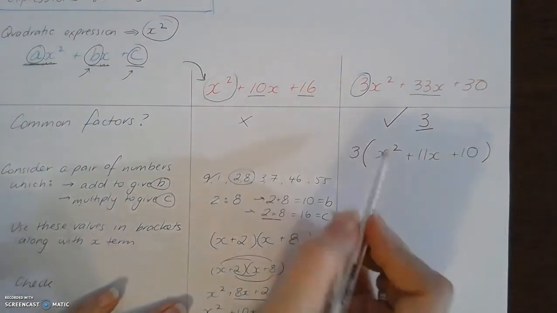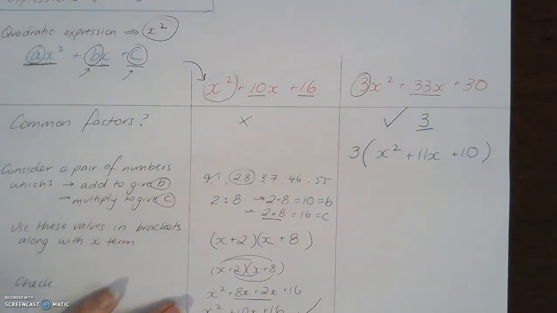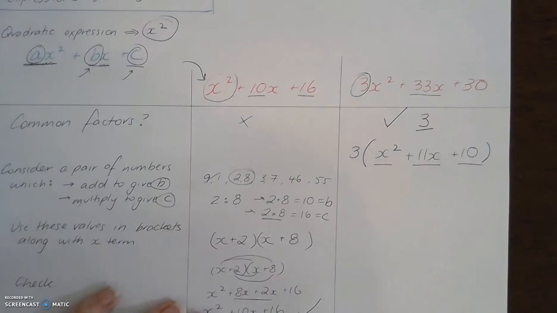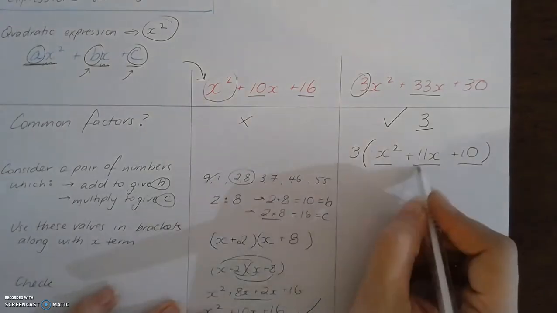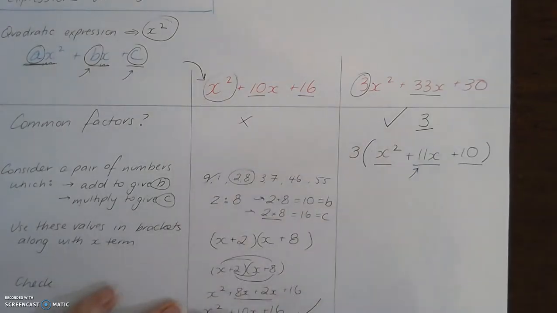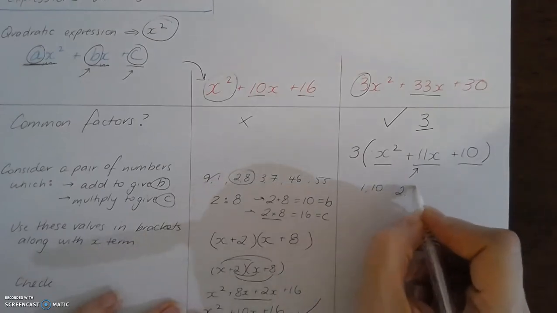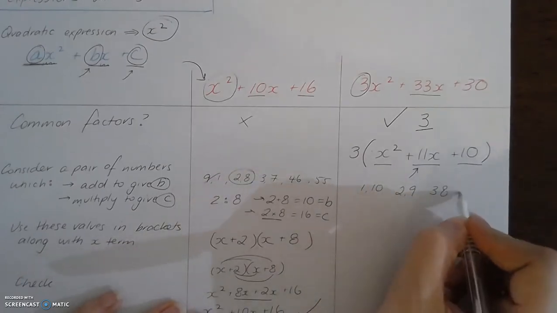And now we have no number, no coefficient in front of the x squared, no a value. We can treat this just like we did our first example. So let's have a look. We've got our a, b, and our c. We are looking for numbers which add to give b and multiply to give c. B is 11, so we can start off by saying 1 and 10, 2 and 9, 3 and 8, and so on and so on.